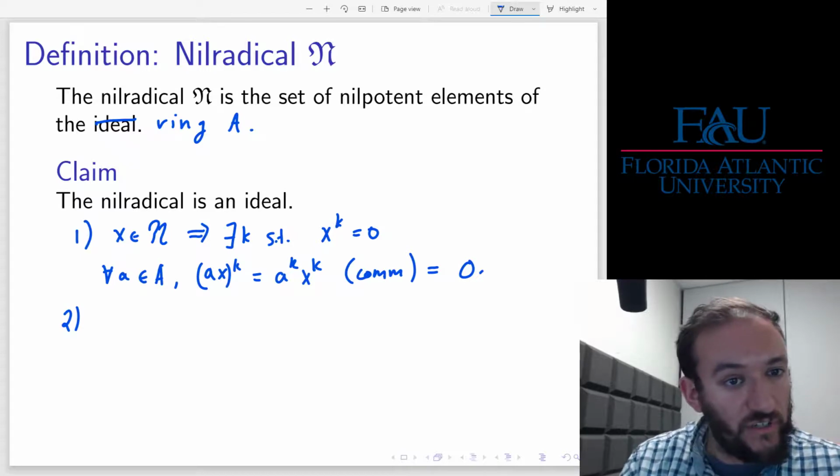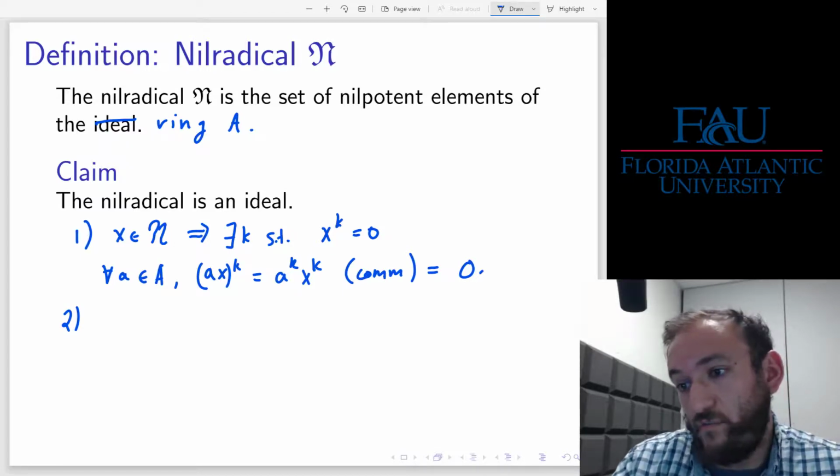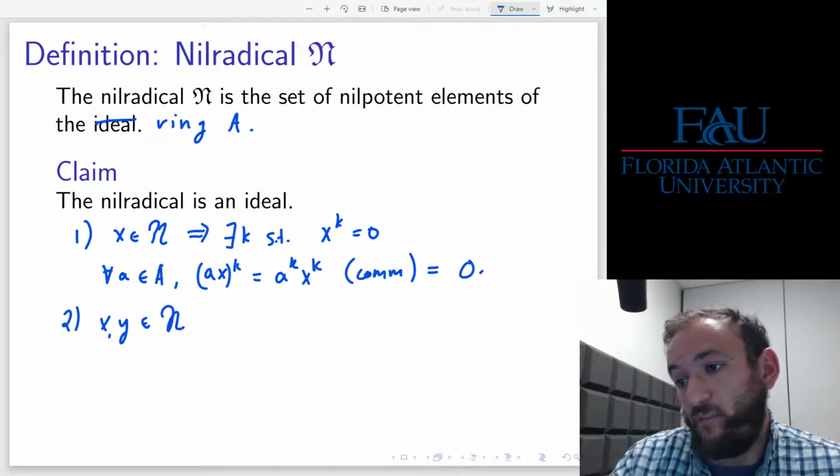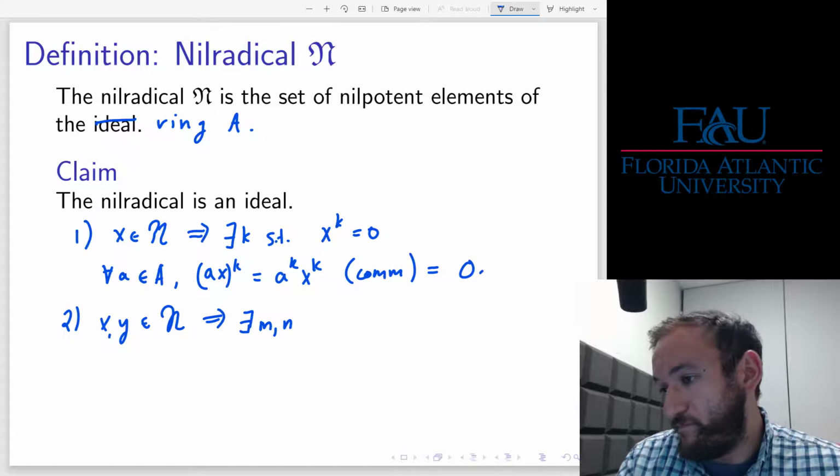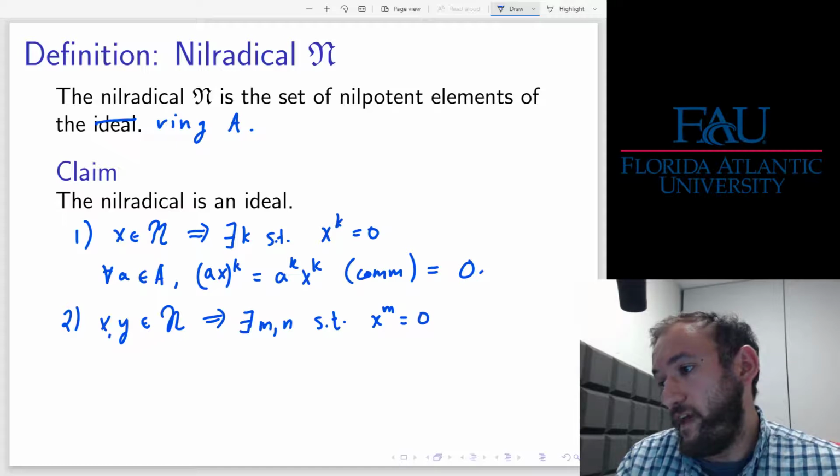Okay, closure under addition is a bit trickier. So if we have X and Y in the nilradical, we're going to have two integers, m and n, such that x to the m is 0 and y to the n is 0.